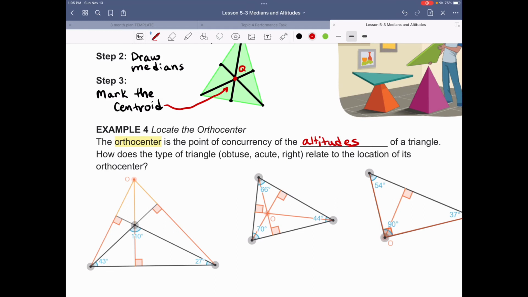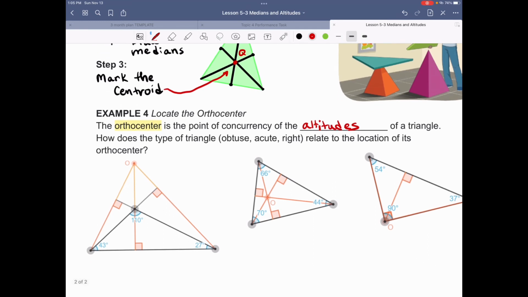So we can see in these three triangles, we have 90 degrees, and it is 90 degrees to the side of the triangle and the opposite vertex. The question that they're asking is, how does the type of triangle, whether it be obtuse, acute, or right, relate to the location of its orthocenter?